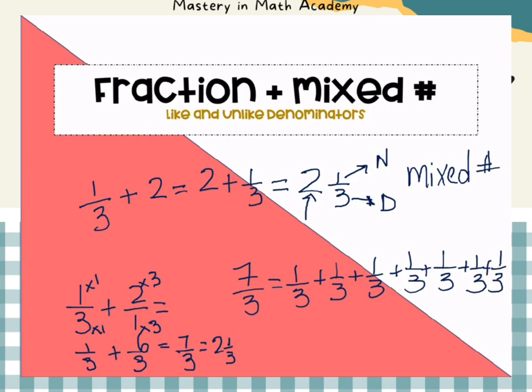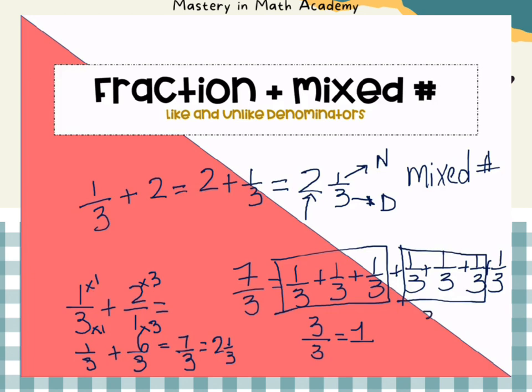That's how you would get 7/3. Then you take your wholes. If you add 1/3 three times, that is 3/3, and 3/3 is the same thing as one whole. Take another whole, then put your wholes together, which is 2, and whatever is left over, you bring down next to your whole number. And there you have it.